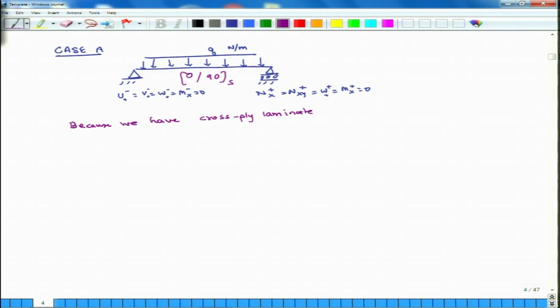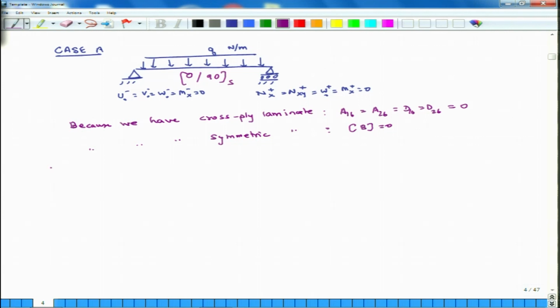That all the layers are either 0 degrees or 90 degrees. Just because of that, we have learned this earlier, A16 is equal to A26 is equal to D16 is equal to D26, this is 0. And also the laminate is not only cross ply, it is also symmetric, so we can say that the entire B matrix is 0.